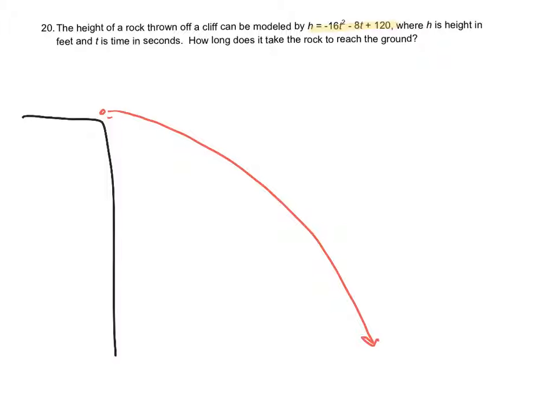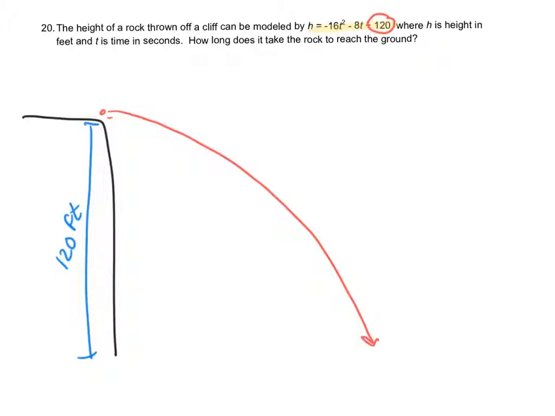Just so you know, this here is the y-intercept of the parabola. But what that 120 represents in the real world is that it was 120 feet off the ground when it started to fall. The negative 16, which is the constant thing that we have in every parabolic shape projectile, is gravity.